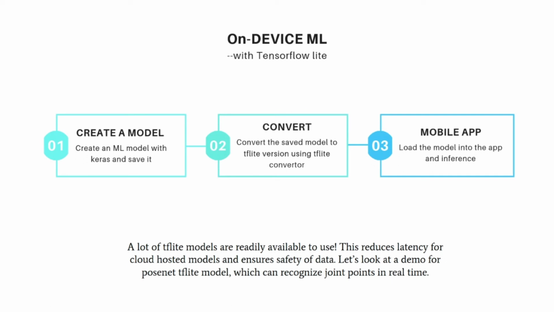There's a model called PoseNet, which I have used recently. You can pass an image to it and it returns an array of 17 key points, like X and Y coordinates of your joint points, like right shoulder, right ear, left ear, eyes, nose, and stuff like that. And that also on your machine. You don't need to host a model for it. You can use it from a mobile app.